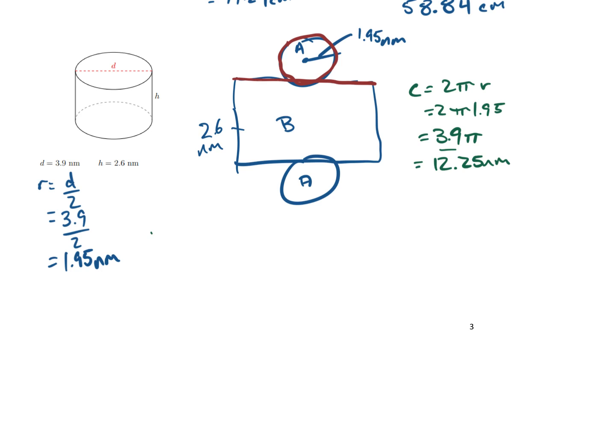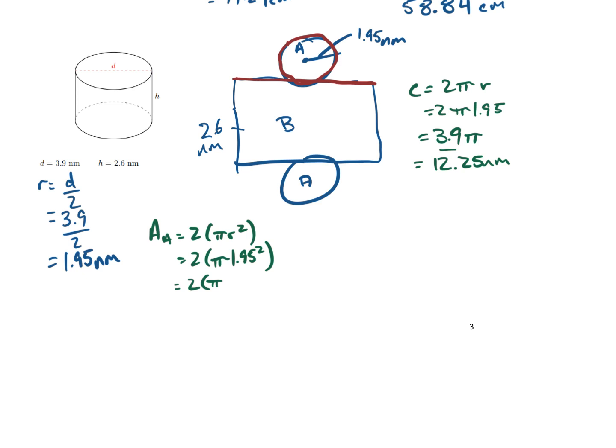So then I'm going to go area of A. Remember, I have two circles, and the formula for a circle is pi r squared, and I have 1.95 squared. Remember, 1.95 squared does not mean multiply by 2. You're multiplying 1.95 by itself. It's very different.